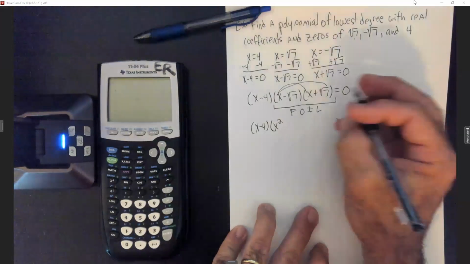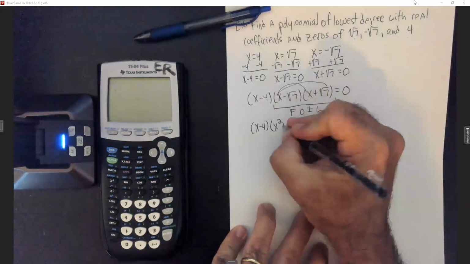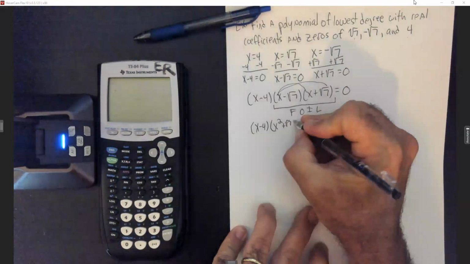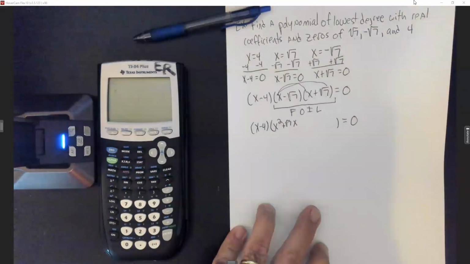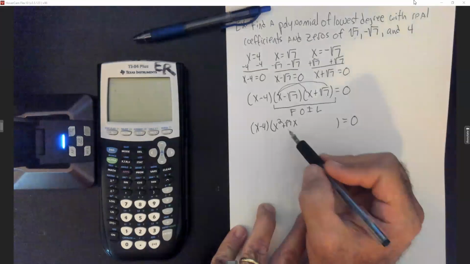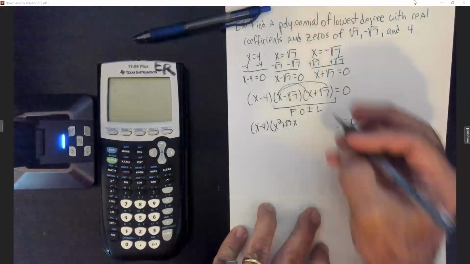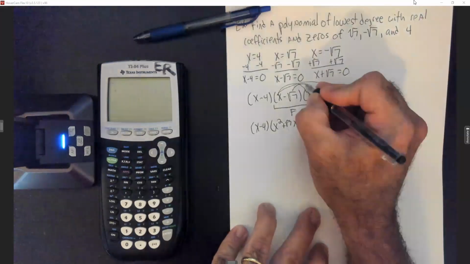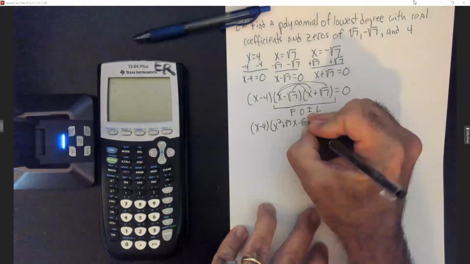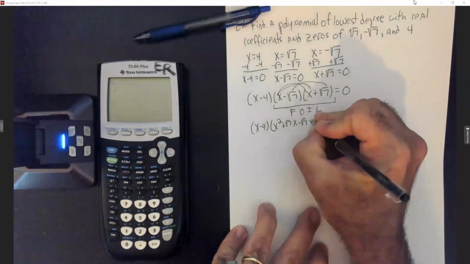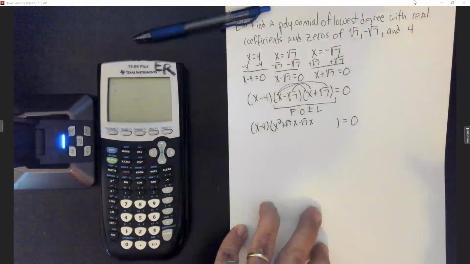So you just got to leave that as a square root of 7 and then your x. But the x is not under that radical, okay? All right, then you would do the negative square root of 7 times x is a negative square root of 7 times x. Once again, that x is not under the radical.